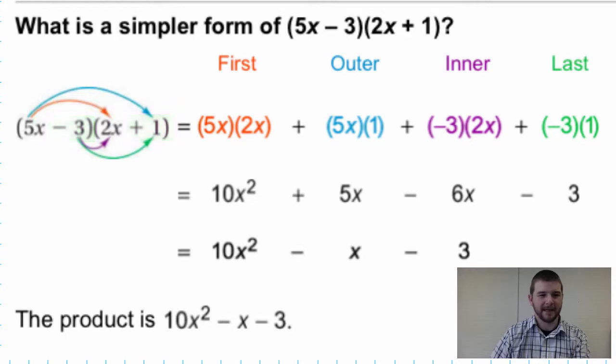So having identified and then multiplied our first, outer, inner, and last terms, we arrive at this expression. Combine like terms to arrive at the simplified version, and we find the product is 10x squared minus x minus 3.